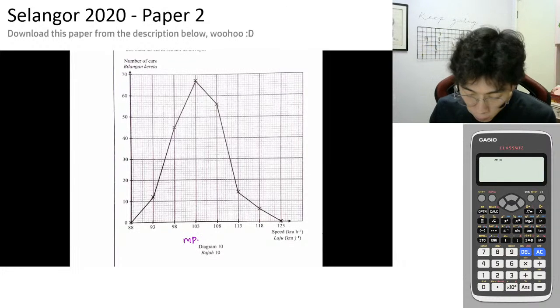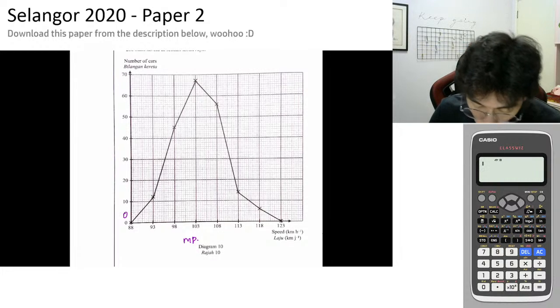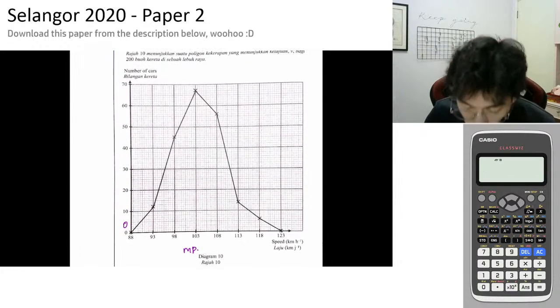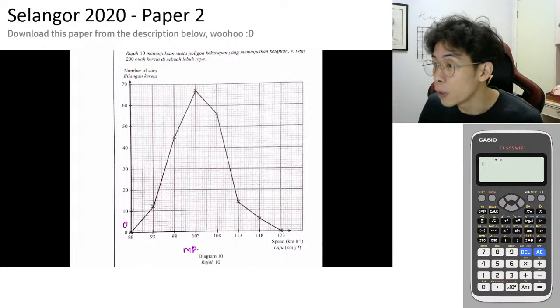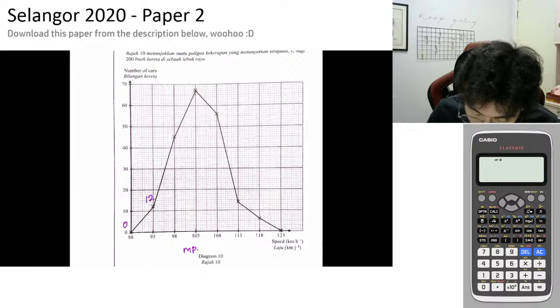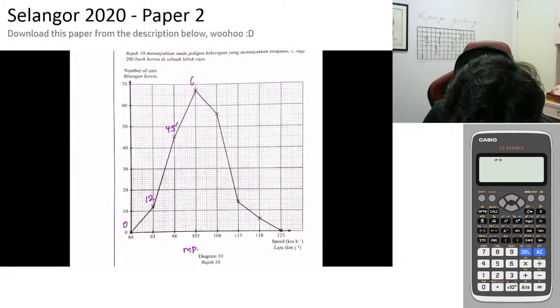Your midpoints, the first one is 0. I put the 0 there for myself only, everyone. Whether they give you all the frequency or not, they don't, so I'll just read out the frequency. The frequency now is 12, and this one is 45. This one is 67.